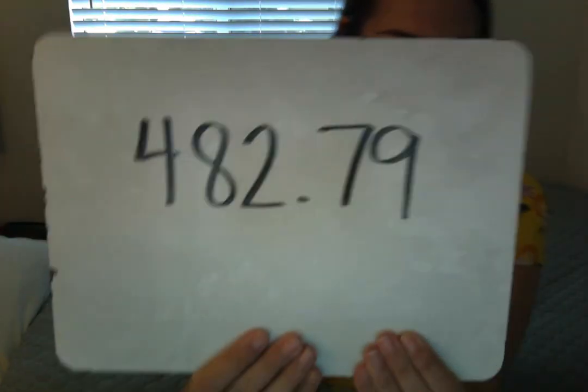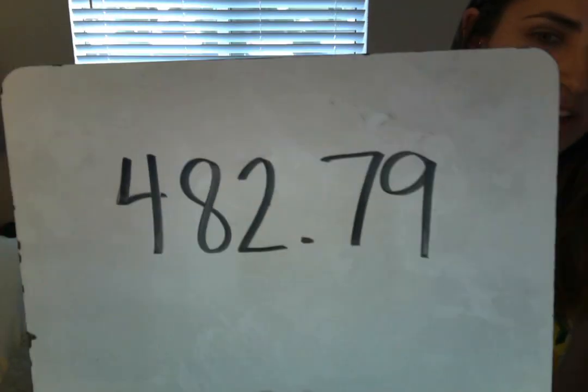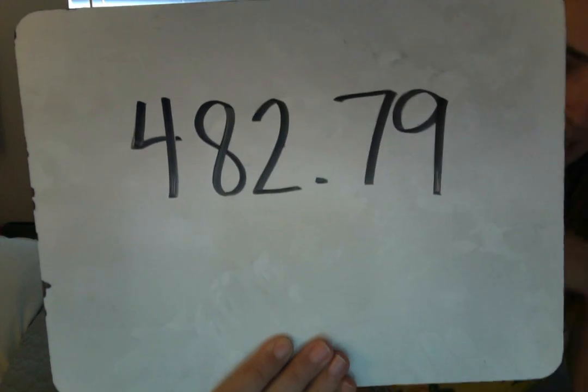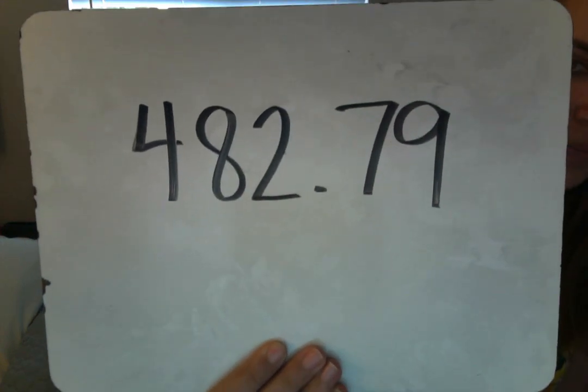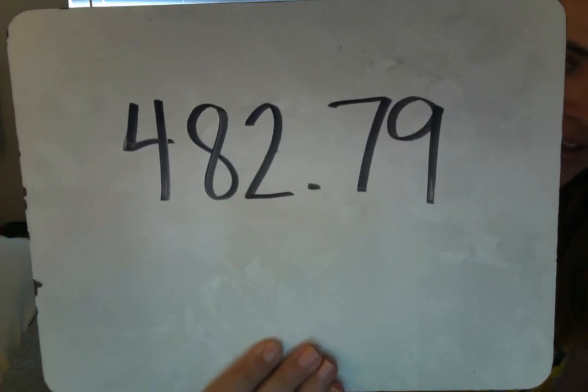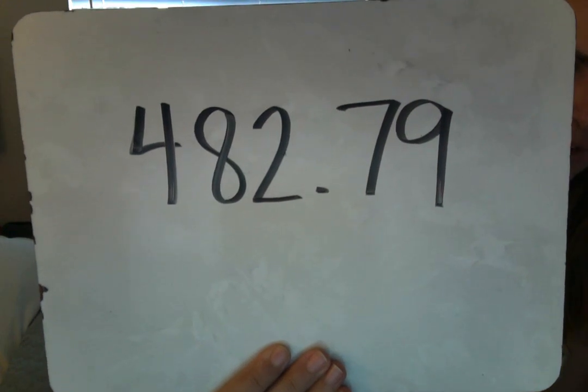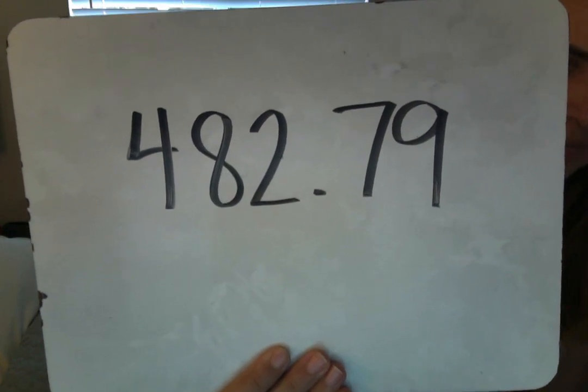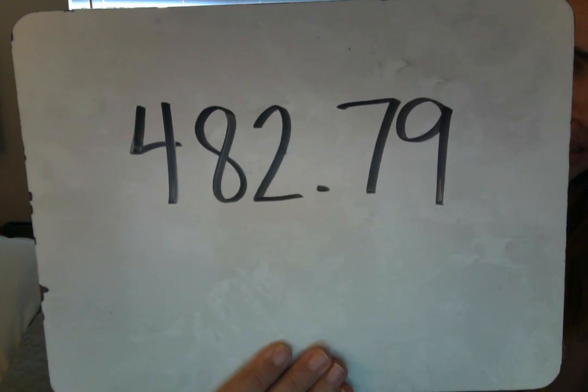All right, you guys. So I want you to write down this number. And while you're writing it down, I want you to think about how you would say this number. Maybe I actually want you to pause. How would you say this number?